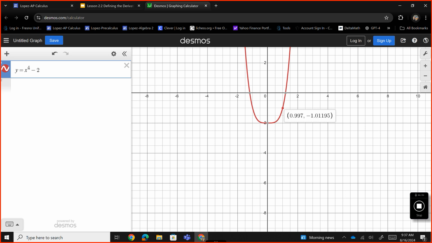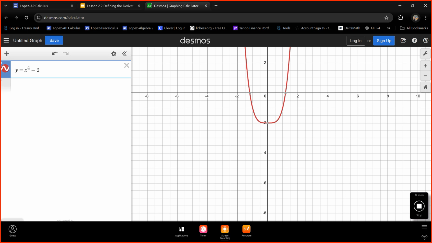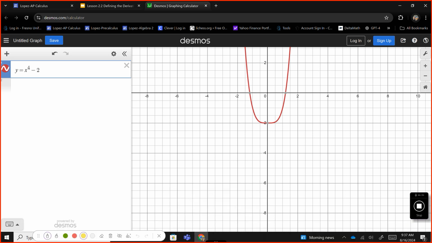And what would be the slope here of the tangent line? All right, so that's what we're trying to look for. It looks to be some steep positive slope.